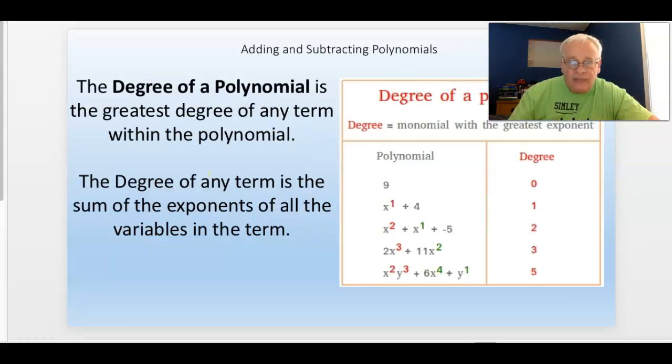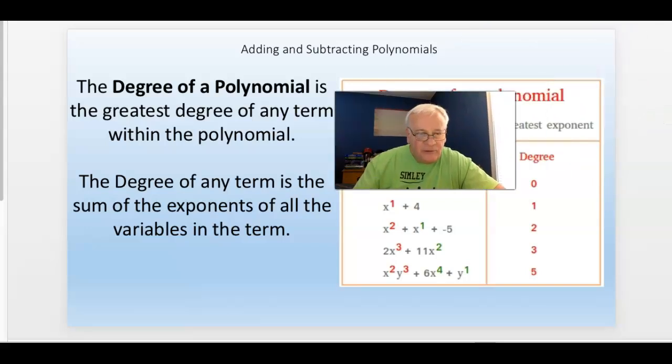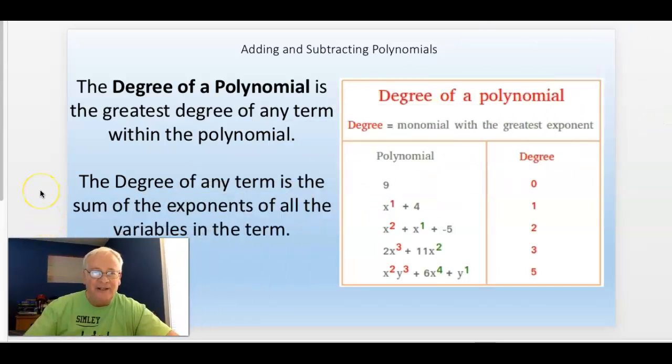Here's our next vocabulary phrase: the degree of a polynomial. It's the greatest degree of any term within the polynomial. Whatever term has the biggest degree, that's the degree of the whole polynomial. And the degree of any term is the sum of the exponents of all the variables in that term.